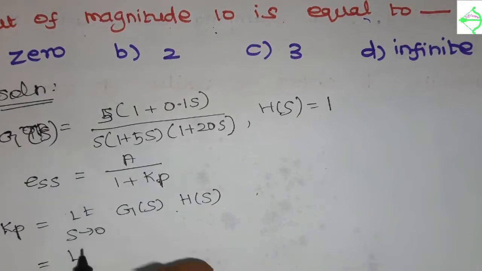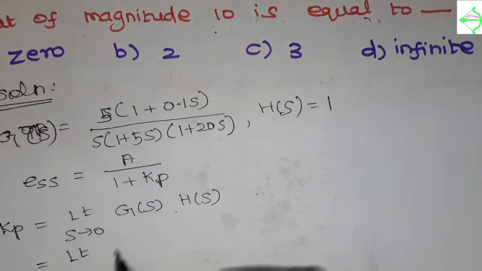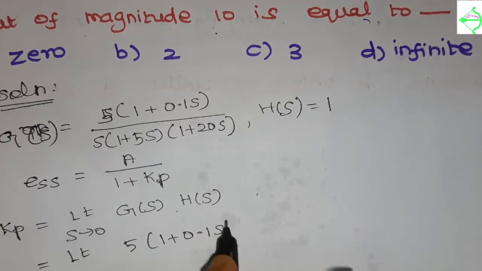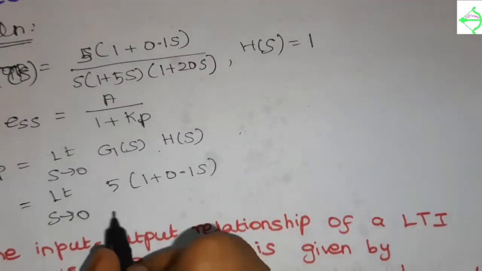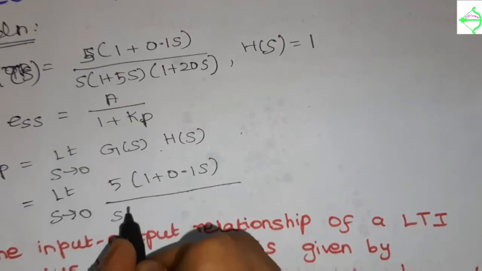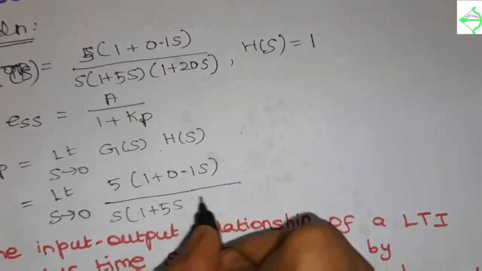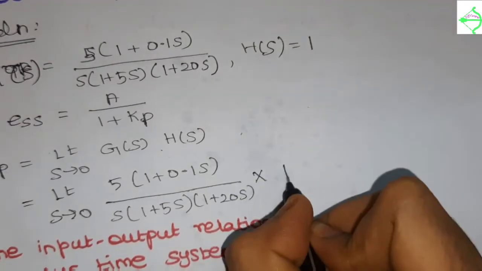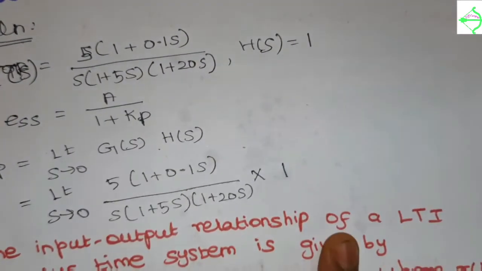Substitute these two into this equation. G(s) is 5 into (1 plus 0.1s) divided by s into (1 plus 5s) into (1 plus 20s), and H(s) is 1.